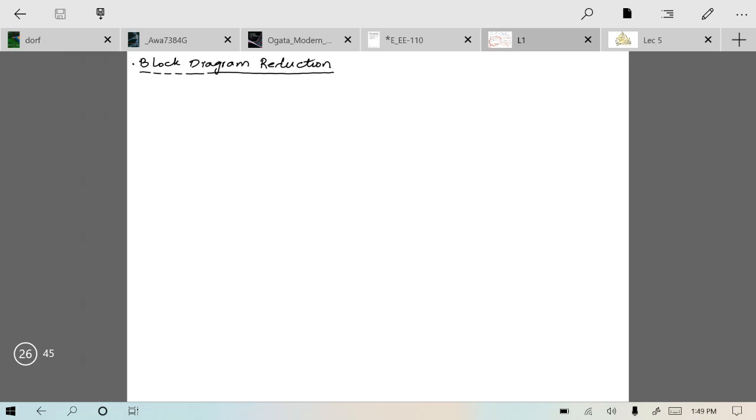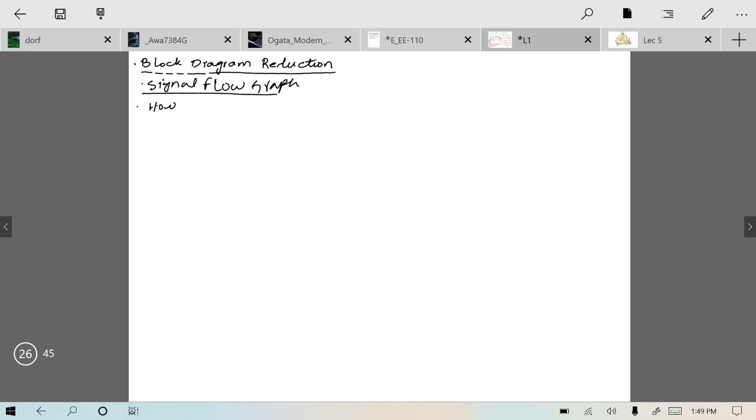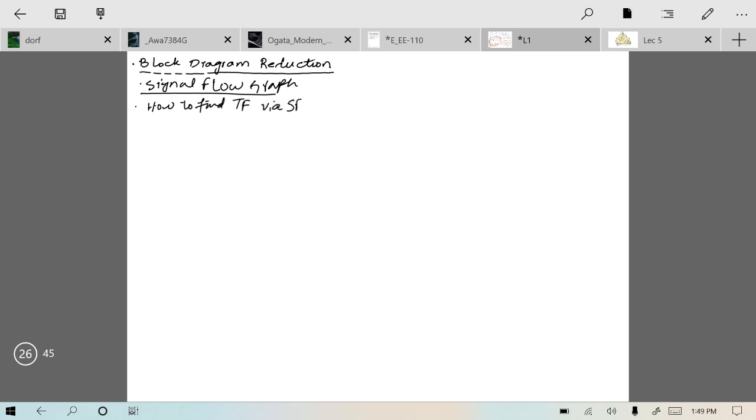One would be block diagram reduction, second would be signal flow graph, and another would be how to find transfer function via signal flow graph. So these 3 articles would be our points of discussion for this lecture.